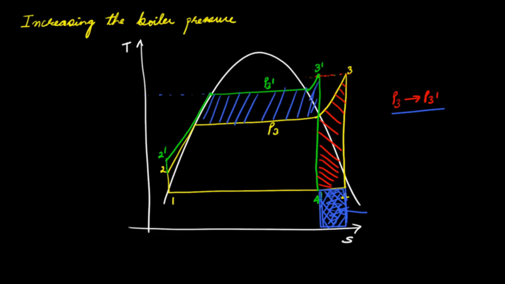Again, in this particular case, what we see is that when we increase the boiler pressure, the quality at the turbine exit decreases. So from here we can see that the quality at state 4 prime is less than the quality at state 4, which is undesirable. To summarize, what we've seen is that the thermal efficiency of the Rankine cycle increases if we decrease the exhaust pressure of the turbine.